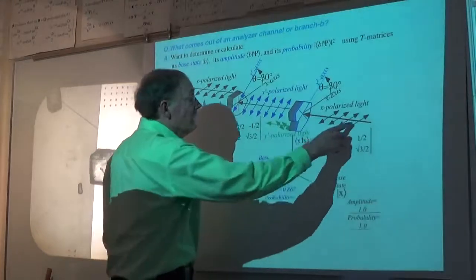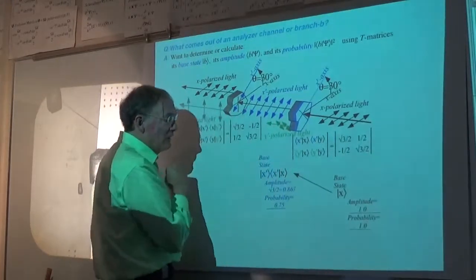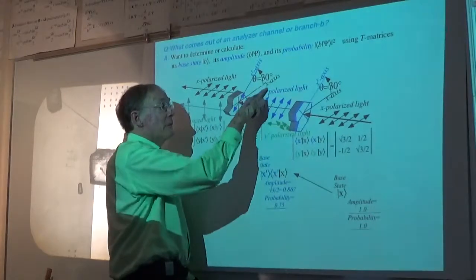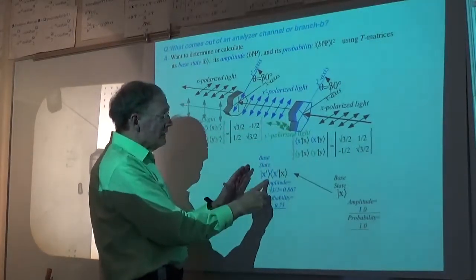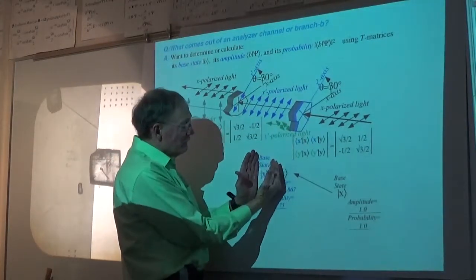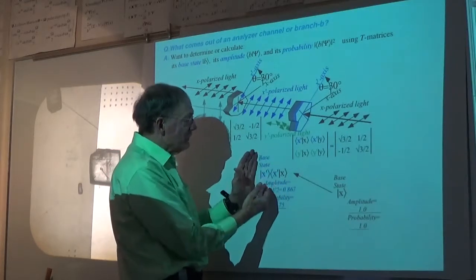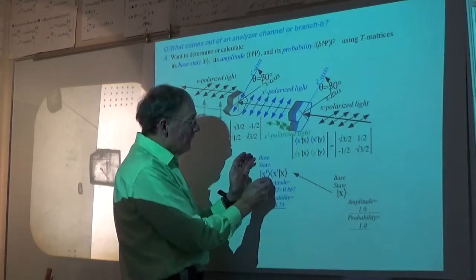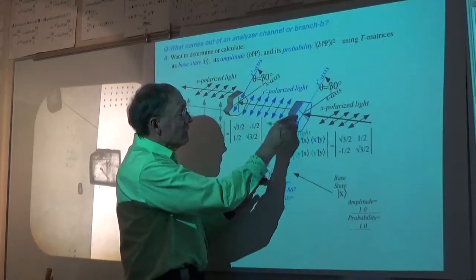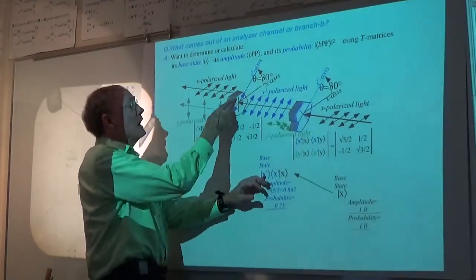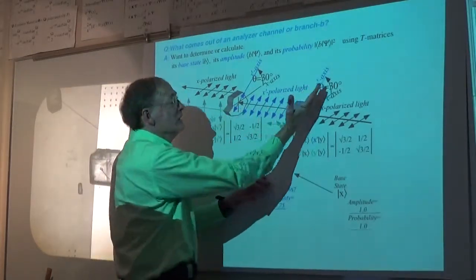Okay? So, if we're going to look at this channel right here, we're looking at x prime polarized light. That's the final, shall we say, base state that is going to come out of this x prime analyzer and go into an xy analyzer right here, you see.